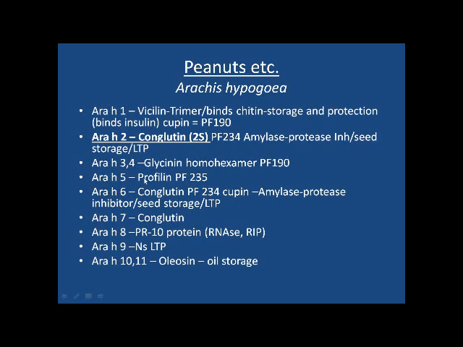We have profilins, which we'll talk about in a minute, in all plants, and Ara h 7 is another conglutin that there's not much information on, but Ara h 8 is a PR10 protein, which is very important in a lot of plants as an allergen, but it's also somewhat heat labile, and therefore probably is responsible in many instances for oral allergy symptoms as opposed to systemic symptoms, because it breaks down.